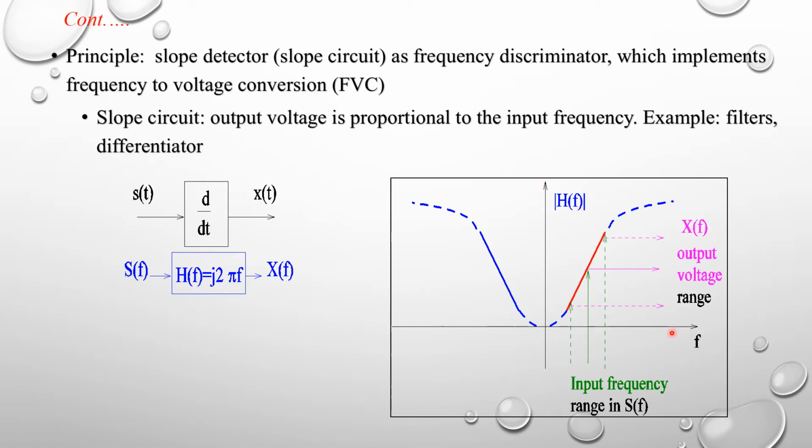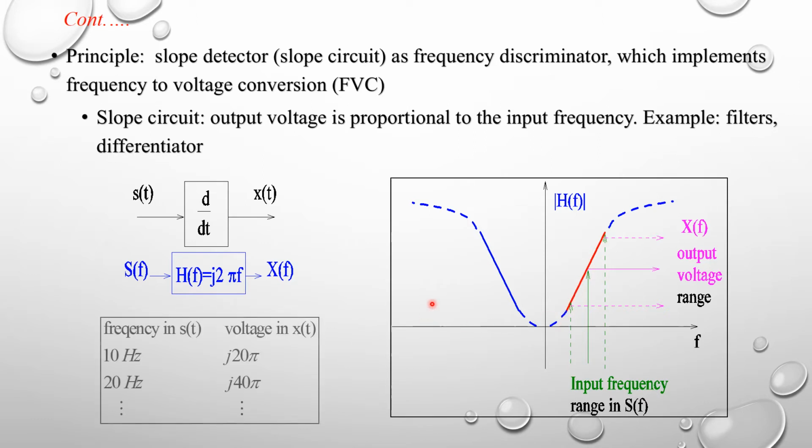So we know that a frequency discriminator converts the frequency into voltage. Here this is the frequency axis, this is the frequency variation, this is the amplitude variation, and this is the linear curve. For example, you take the input frequency as 10 Hz, 20 Hz, 30 Hz and 40 Hz.